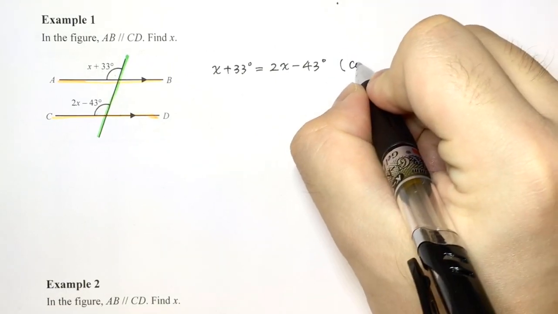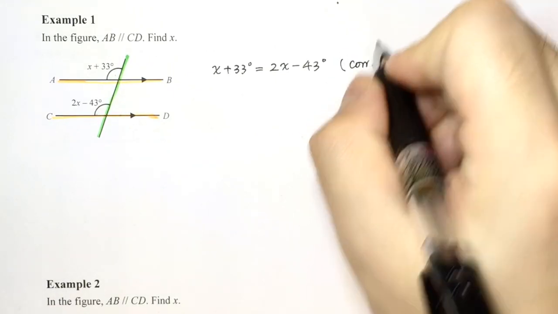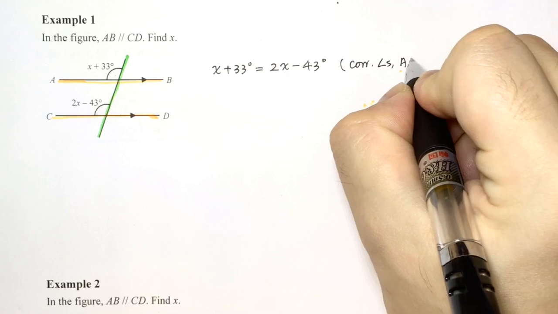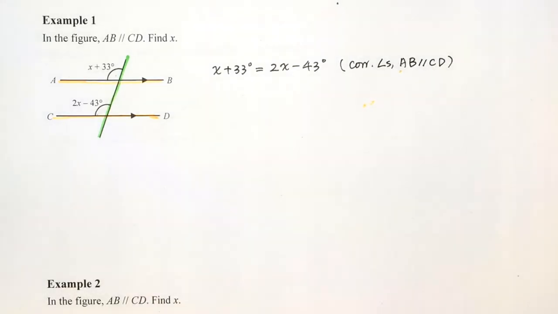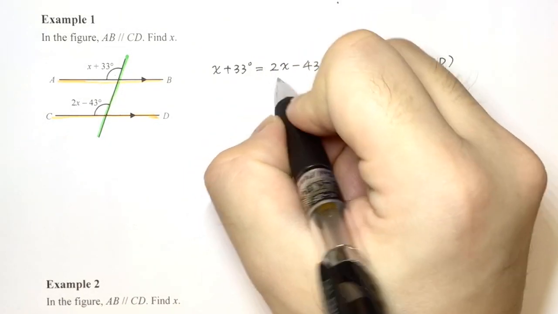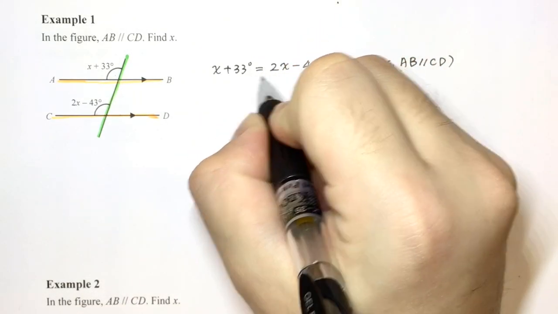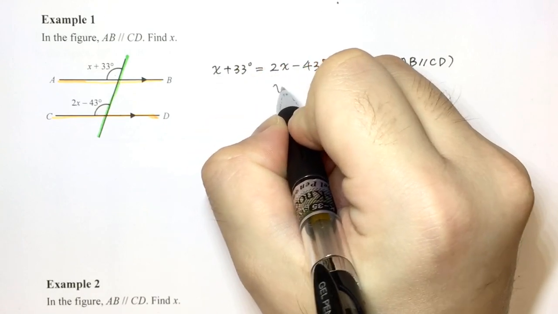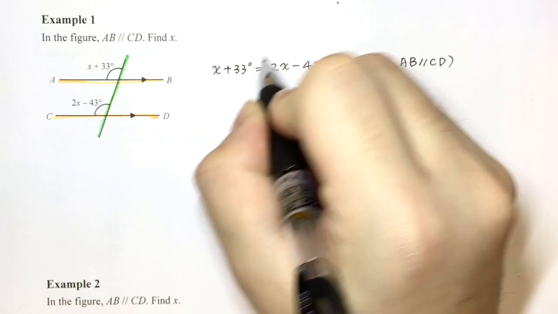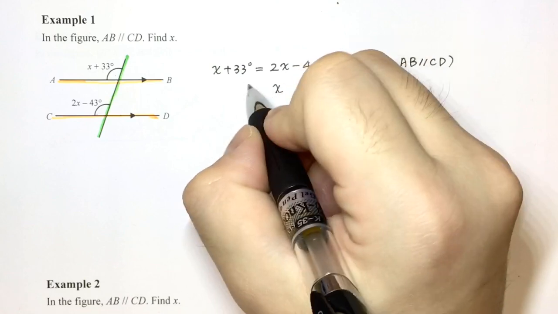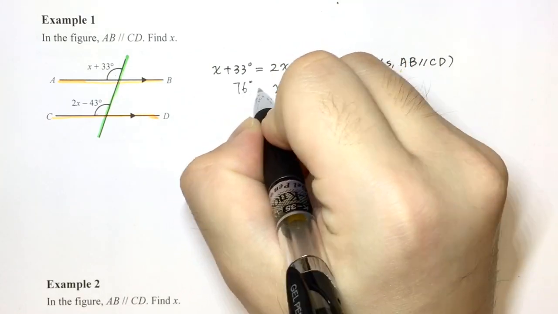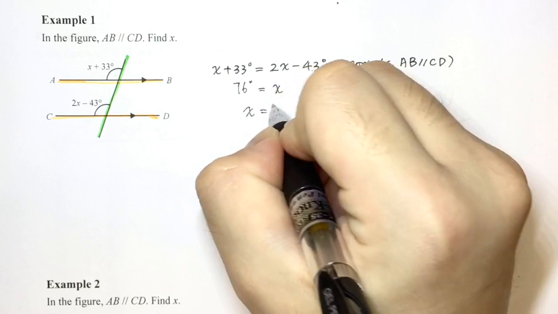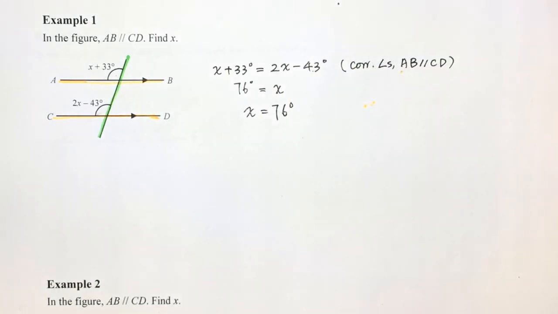Because corresponding angles under AB parallel CD. And then we find the result by moving terms. We move the x to the right and move the negative 43 to the left. That is 33 plus 43, that is 76. And so x is 76 degrees.